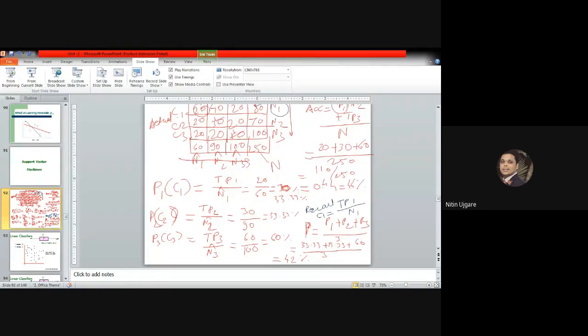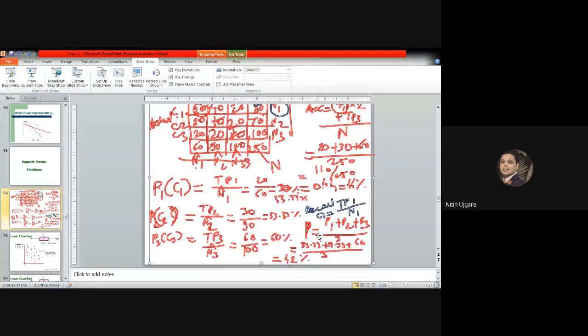Tell me the answer in the chat box. So everything is shown. You're supposed to calculate the recall. This is the formula to calculate the recall.